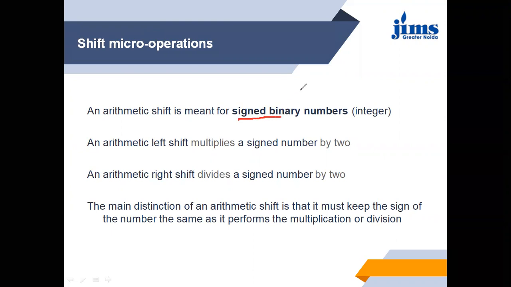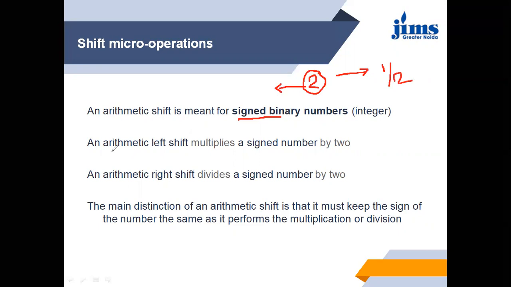When we are shifting the bits in the left direction, the value of the register is going to be multiplied by 2. Its value becomes 2 times. And when we are performing a right shift, the value is divided by 2. And the sign remains the same.